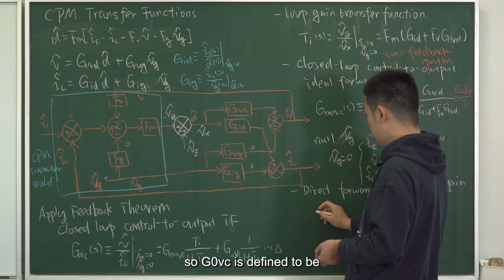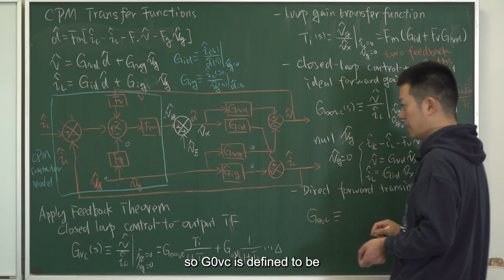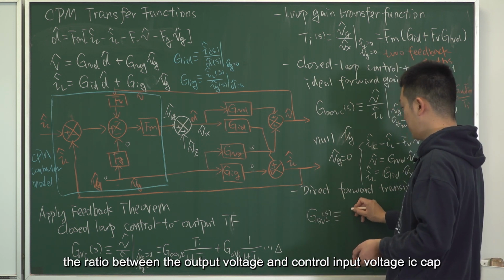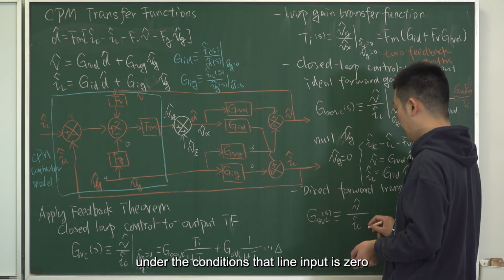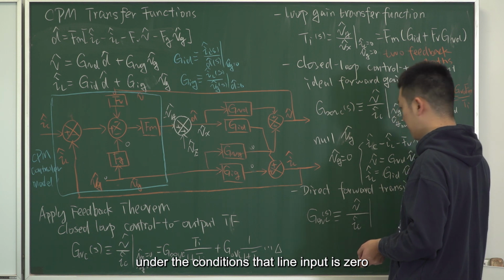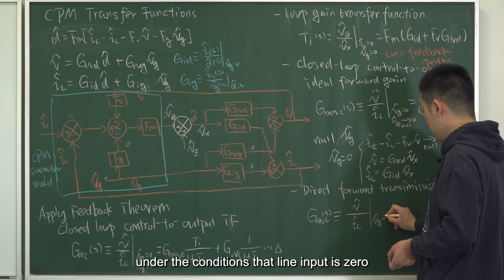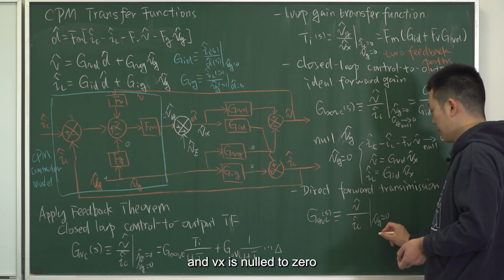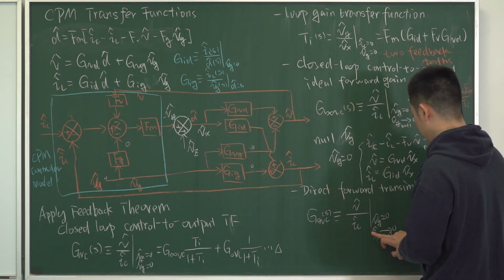G0 Vc is defined to be the ratio between the output voltage and control input voltage IC cap under the condition that line input is 0 and Vx is nulled to 0.